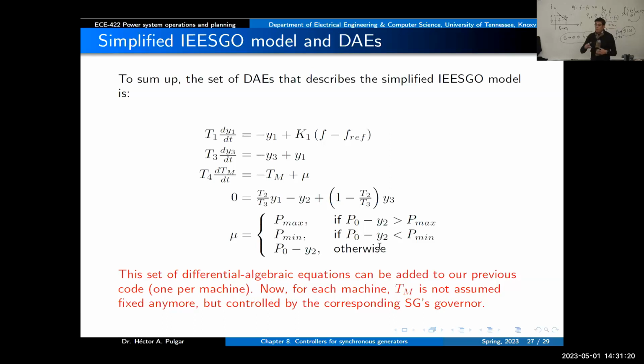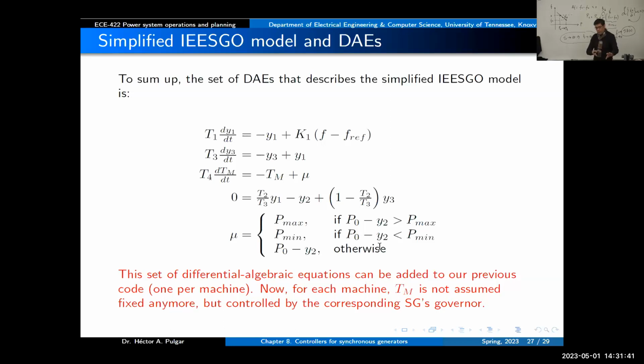Okay, so in this exercise, I have shown you how we convert these block diagrams into a set of differential algebraic equations. Everything we have worked on in this course is based on a set of differential algebraic equations. That was the starting point, and we did all the analysis in that formulation.